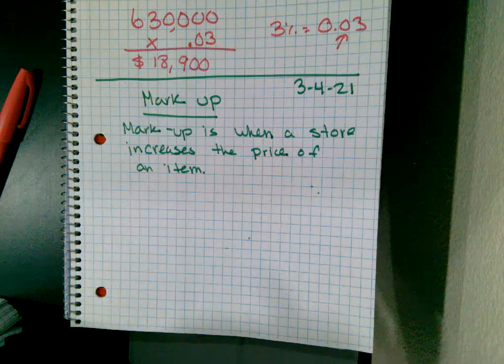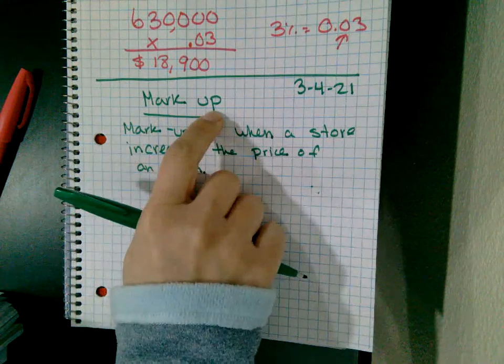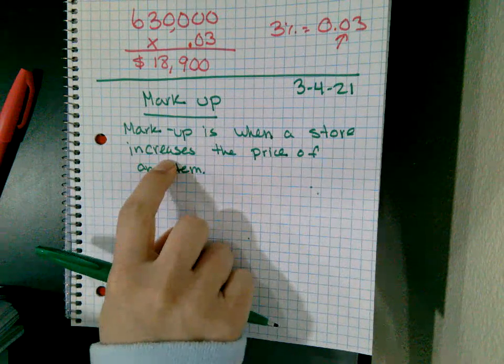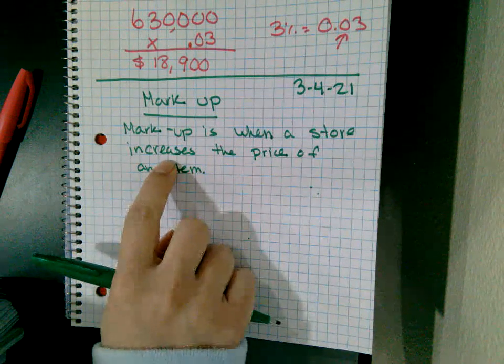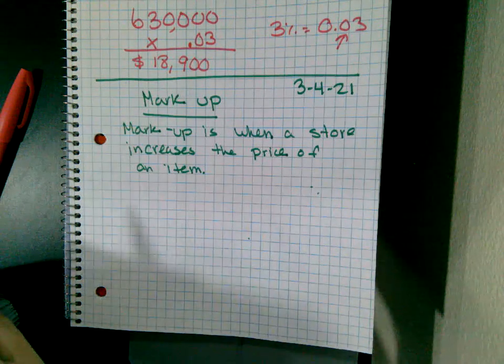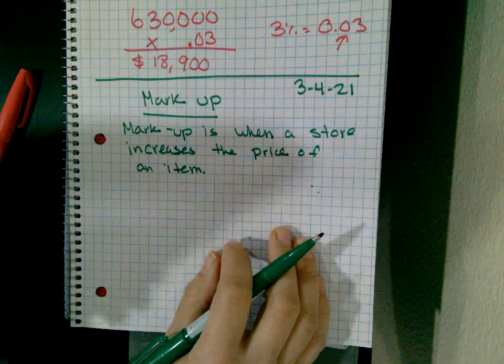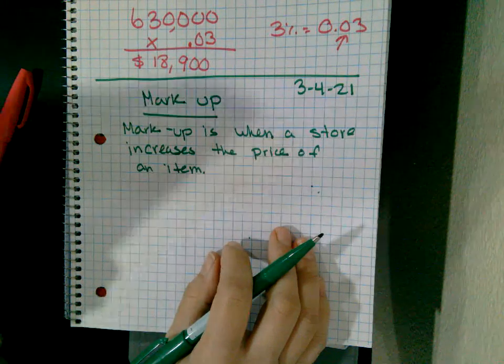It cost them a lot less. I don't even think it cost $200 to make, honestly. Well, they mark up the price. They increase the price. Why? Because people want the iPhone and they know that. When they mark up the price, they're increasing their profit. And we all want profit.